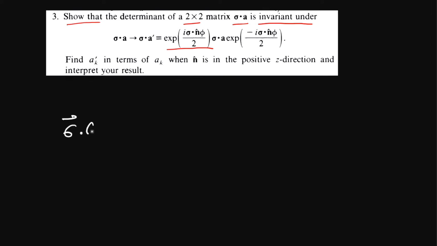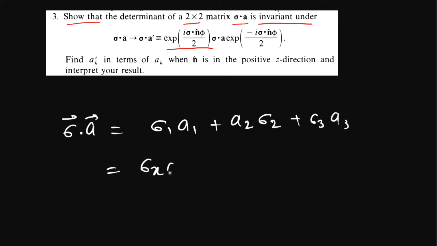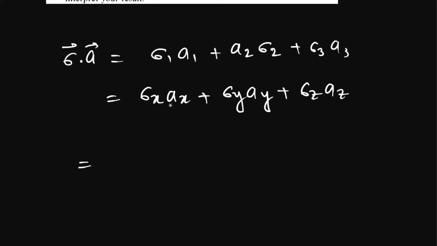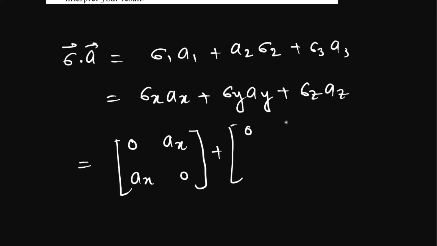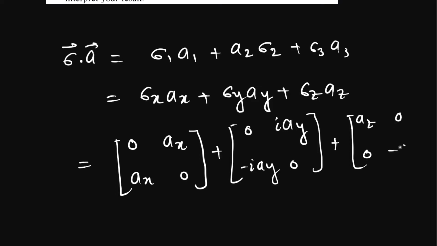Now sigma dot A equals sigma 1 A1 plus sigma 2 A2 plus sigma 3 A3, or is equal to sigma x AX plus sigma y AY plus sigma z AZ, which is equal to 0 AX, AX 0, plus 0 minus IAY, IAY 0, plus AZ 0, 0 minus AZ.